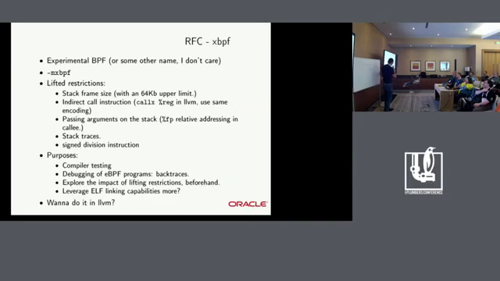What is the purpose of it? First, so I can test my compiler properly. At the moment, I have to disable hundreds and hundreds of tests in GCC because they use more than 5 arguments in functions, and because of the stack limitation, which is limited to 512 bytes by default, and so on.